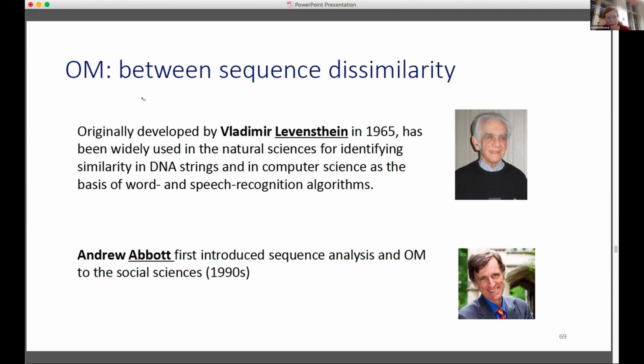Then Andrew Abbott first introduced sequence analysis specifically with an optimal matching application in a paper in 1986 with a historian, I think John Forrest, where they analyzed a historical cultural sociology application. They looked at the cultural diffusion of dance steps in the United Kingdom. There are the Morris dances, and each village had its own sequence of dance steps that made up the specific Morris dance of this village, recorded in village town hall books and the like.